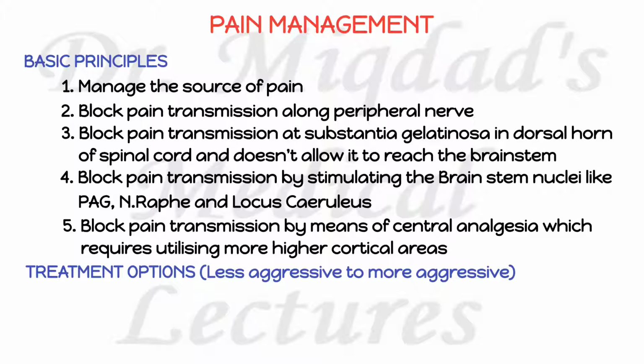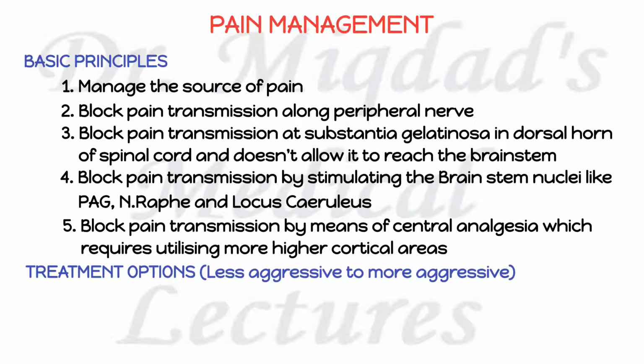The treatment plan will vary from patient to patient. Some patients need to be treated very aggressively, for example intractable cancer pain, and for some patients the least aggressive treatment will be sufficient to manage the pain. And for some cases we need to utilize multiple options from least aggressive to most aggressive simultaneously.